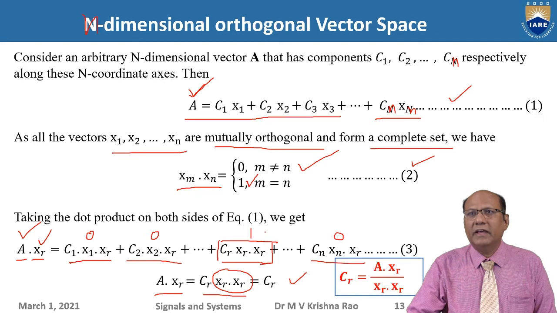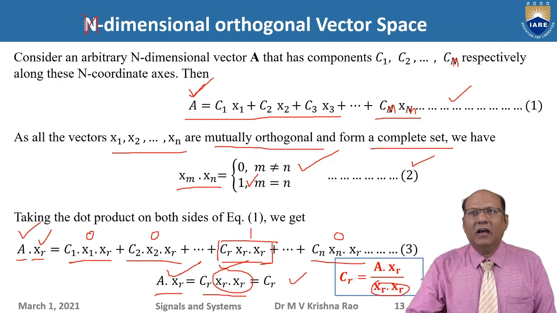Now, if I rearrange terms, this fraction Cr equals A dot xr divided by xr dot xr. This is the unit vector, so this is unity by value.